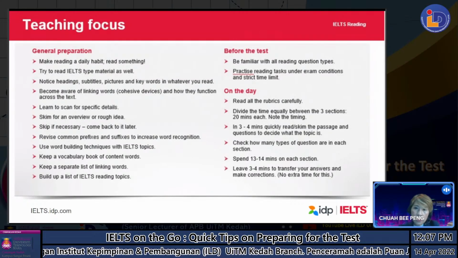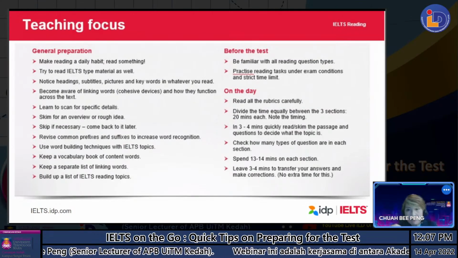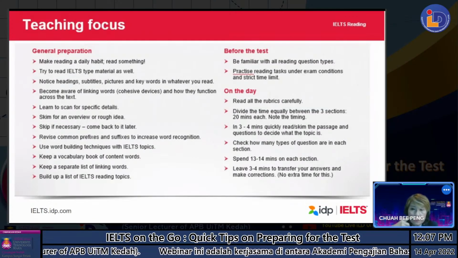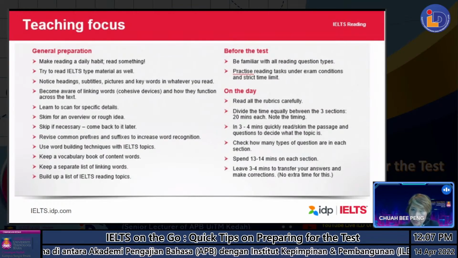So for 1 section, just spend 20 minutes. Cannot finish, move on to the next one. Cannot finish, move to the next one. At the end, whatever little time you have left, go and do the damage control. Don't spend 40 minutes on 1 section and have no time for the other 2 sections.